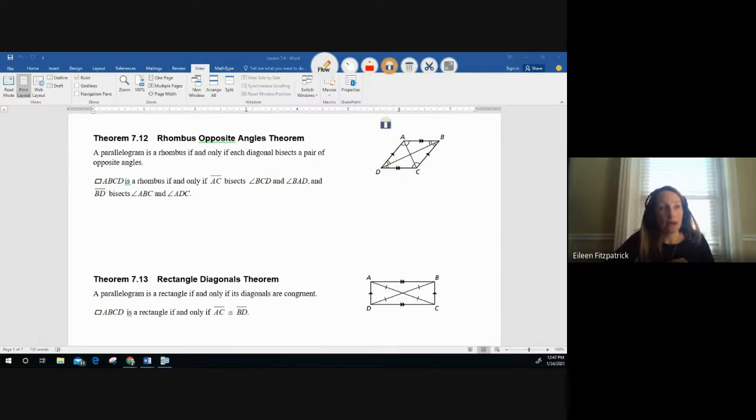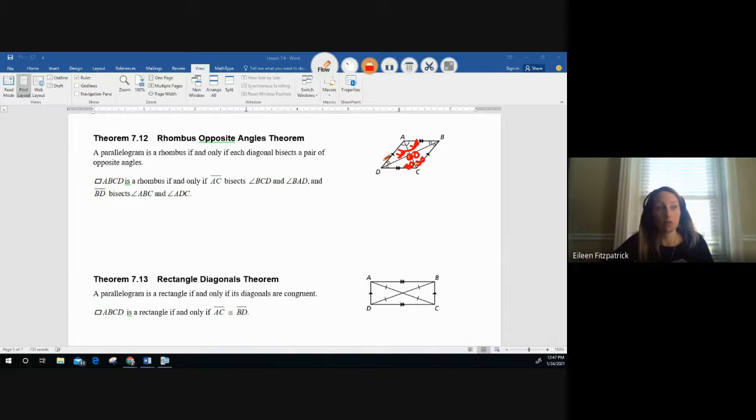But now I know that when the diagonal is drawn, it's cutting this angle in half. So I know that this little angle is congruent to this one, which is congruent to this one, which is congruent to this one. Okay, so for example, just to illustrate, if this entire angle was, let's say, 60 degrees, now I have 30 degrees, 30 degrees, 30 degrees, and 30 degrees.